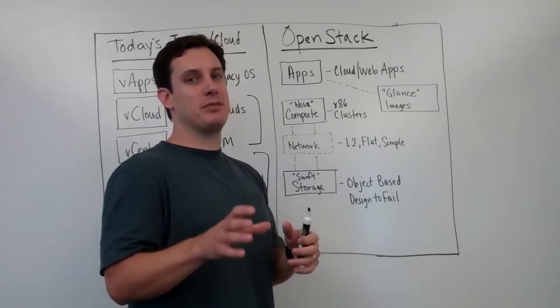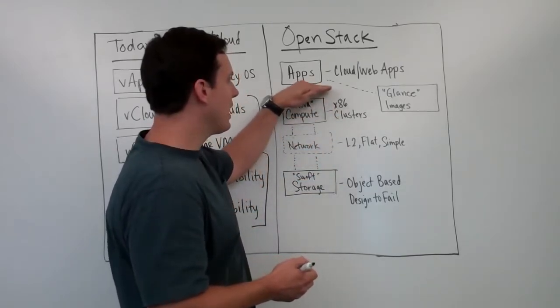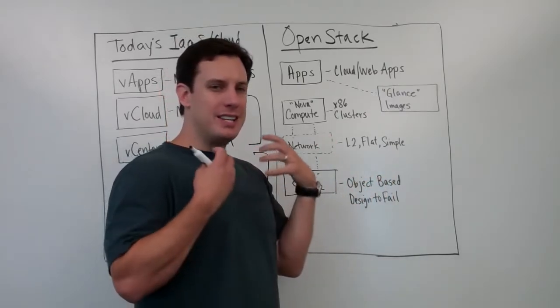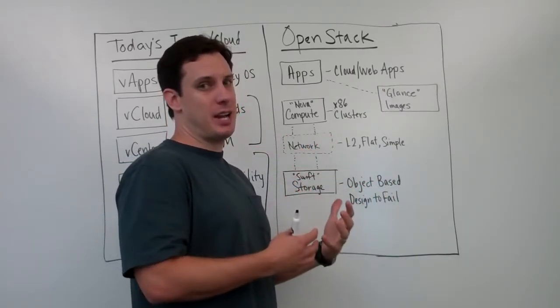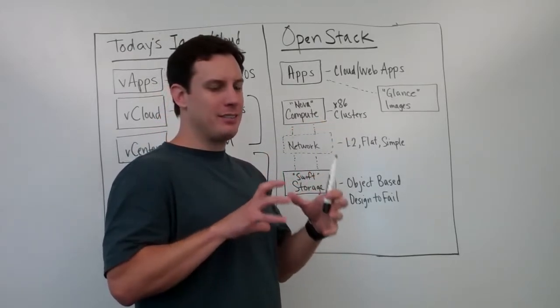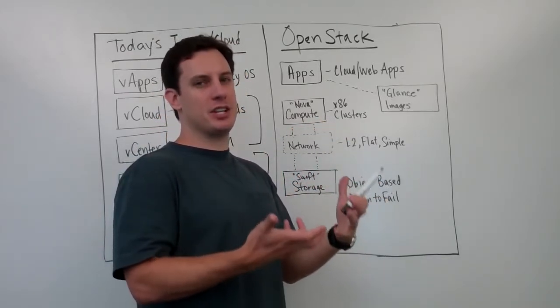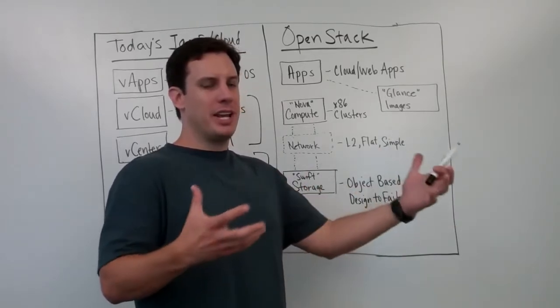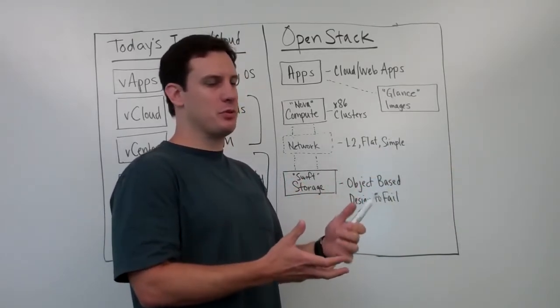Now, let me talk about some differences here. First, again, applications: cloud, web-based, expectations to scale, intelligent applications, not legacy applications. Second, the compute portion, we're looking at pools and clusters of x86 resources. Could be super small, could be super large, but again, clusters and pools of x86 resources.